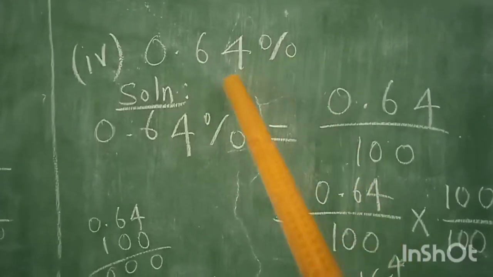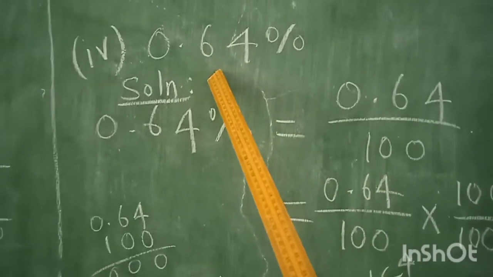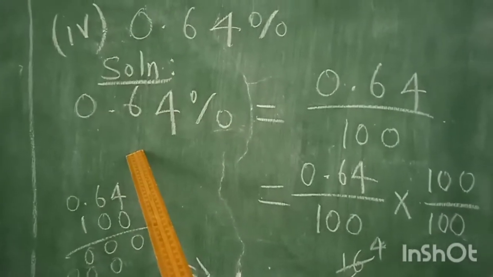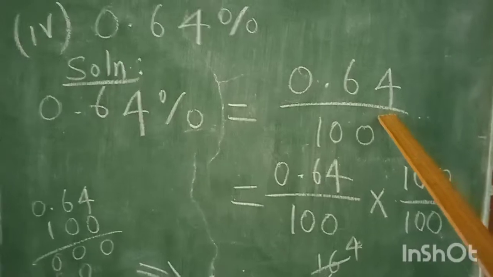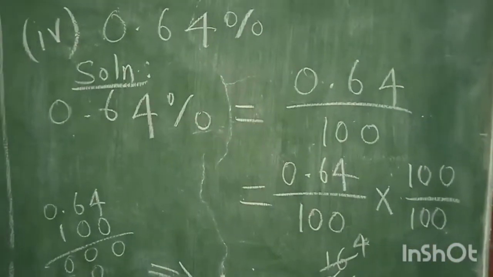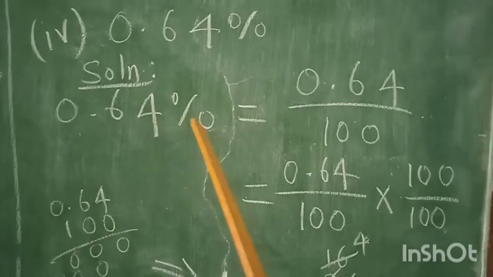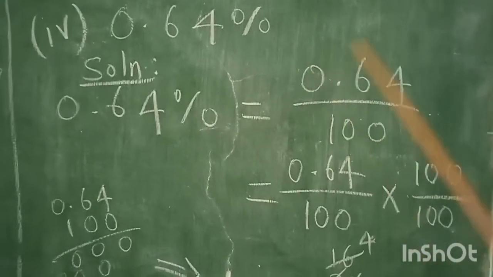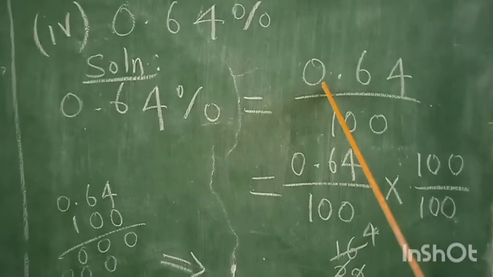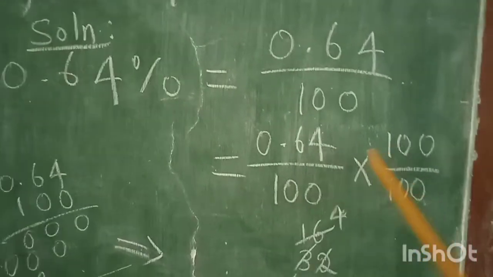0.64%. So, this is also in decimal format, a decimal percentage. So, we will see the solution. For that, write directly out of 100. After that, in the previous sum, after one digit we had the decimal point. Here, after 2 digits, you have the decimal point, right? So, you are going to multiply with 100.